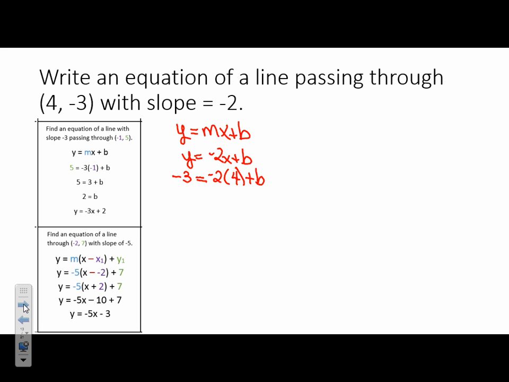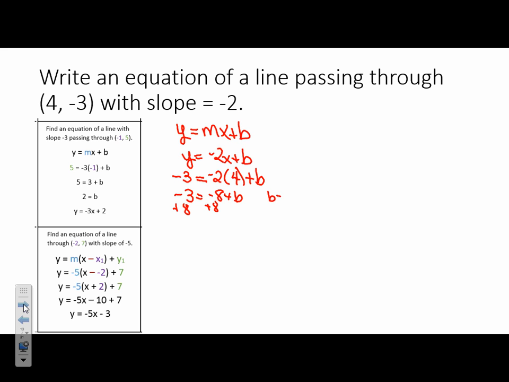So what is negative 2 times 4? So if I have negative 3 equals negative 8 plus b, what will b be? If negative 3 equals negative 8 plus b, when I take the 8 to the other side, what am I going to get?